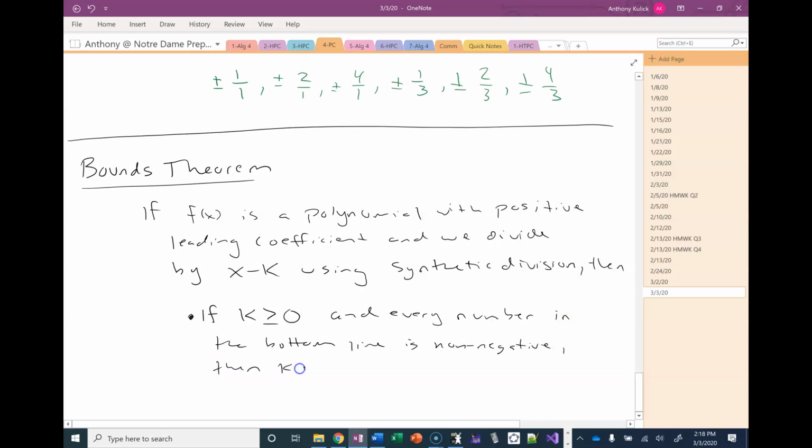Then k is an upper bound for all the real zeros of f.